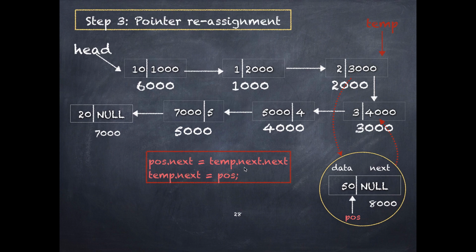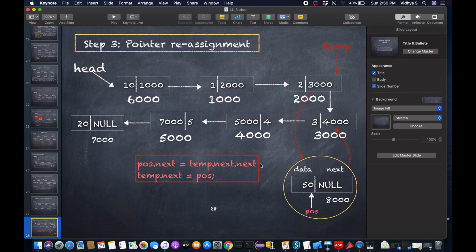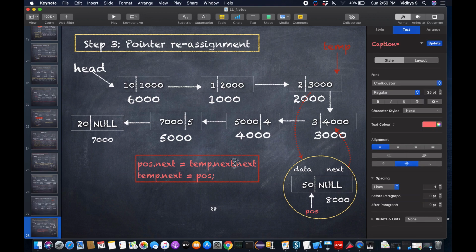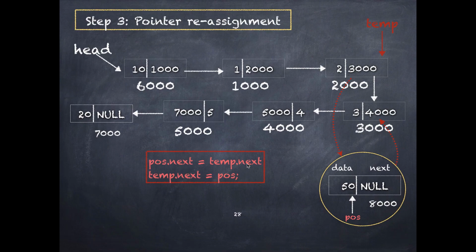Okay, it is only temp.next, it is not temp.next.next. Okay, now is it correct? pos.next, that is null, has to be changed to temp.next, that is 3000.